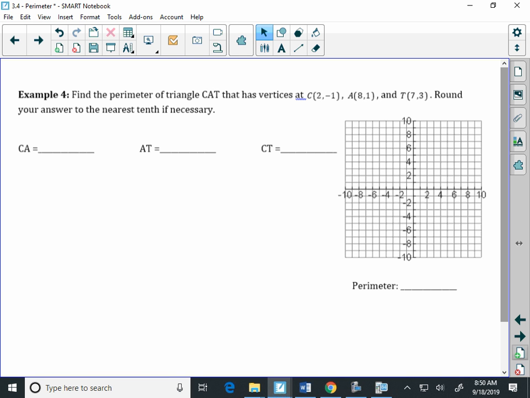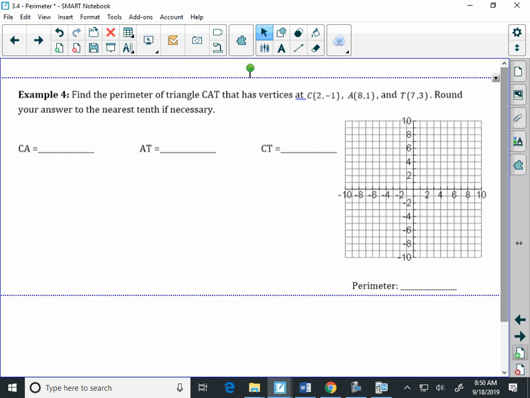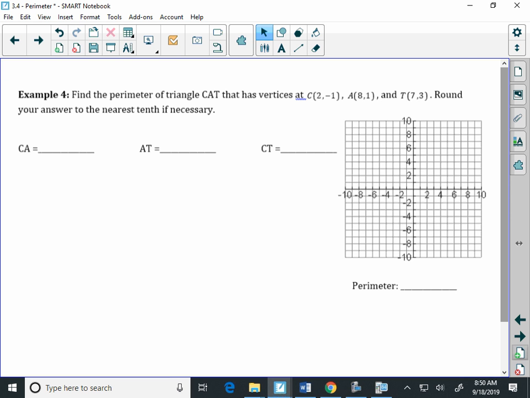So we have to find CA, AT, and CT, and we're going to start by graphing these. C is going to be (2, -1). So here's our value of C. A is (8, 1). There's A. And T is (7, 3).